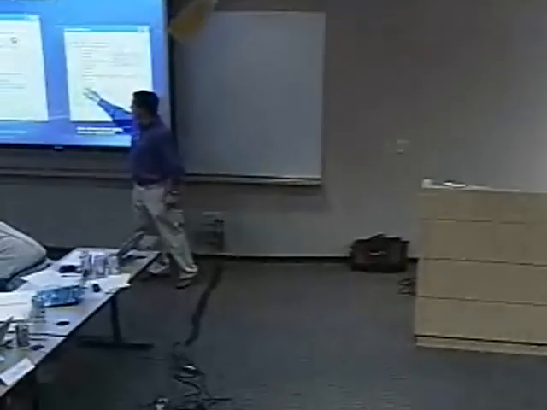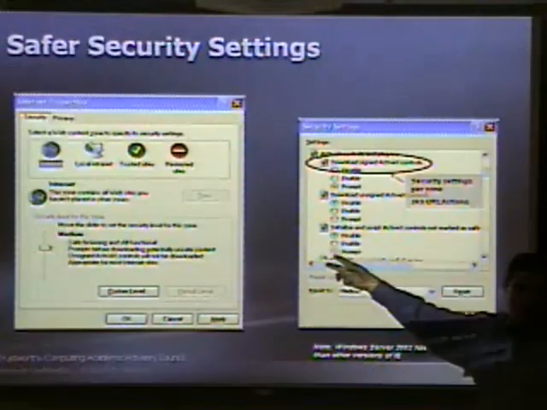You're right, and what you saw there was a control. There's a setting, which I've got handy here in this slide: initialize and script ActiveX controls not marked safe for scripting. For whatever page you were at, it was in a zone where this setting was set to, I believe, enable or prompt; they both throw that prompt.